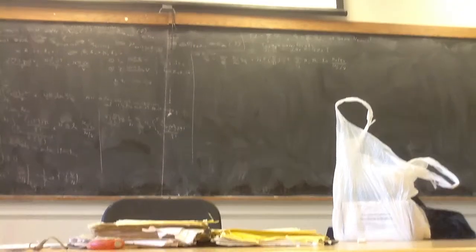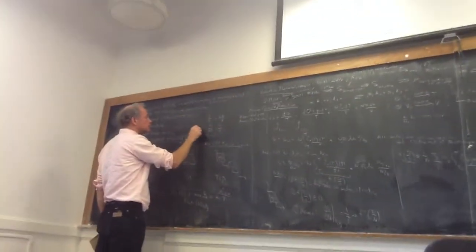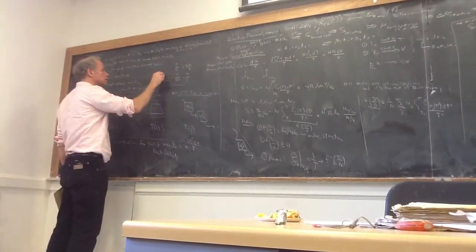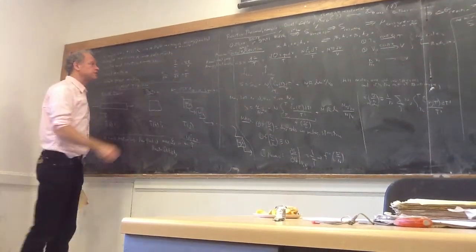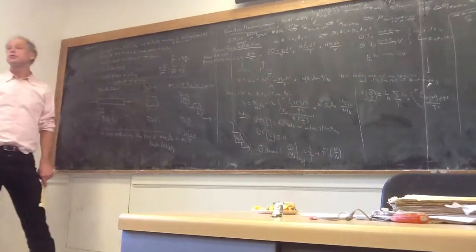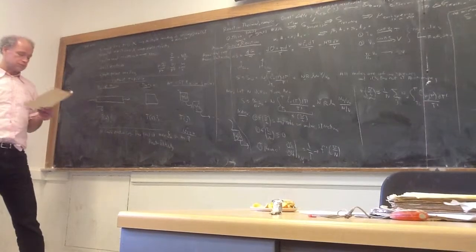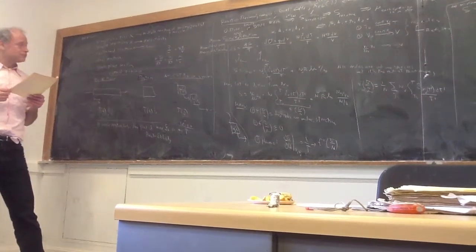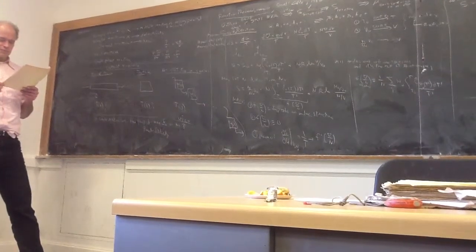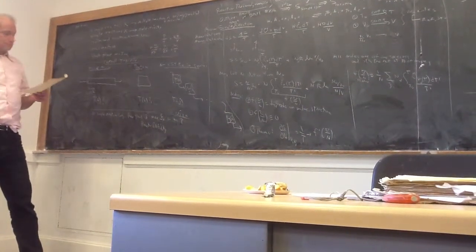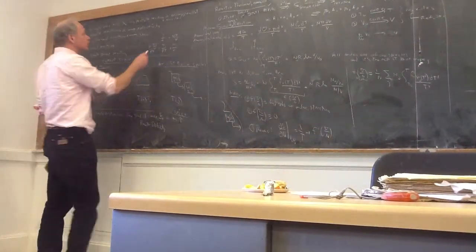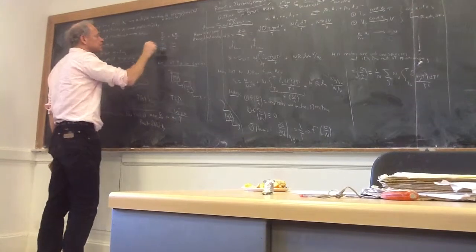And pj is just P total times nj over n. That's the partial pressure of J. So wherever I saw nj over v, I'm going to stick this in.